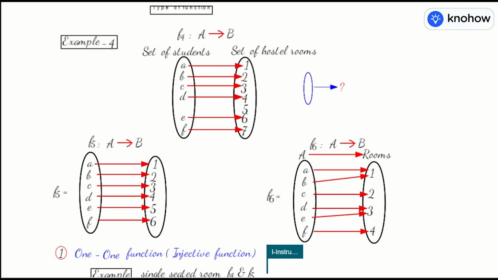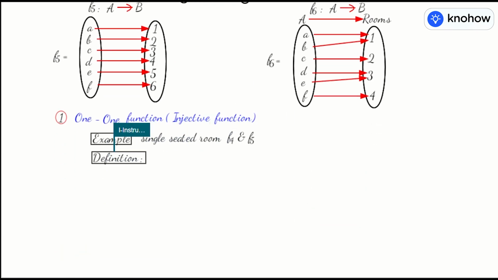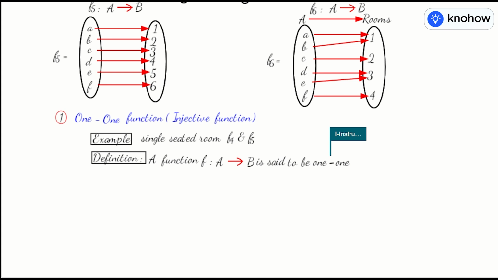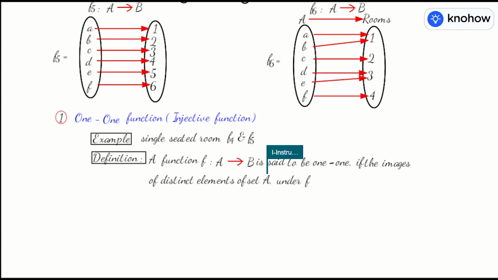How do you define it? Let us define. Please note down the definition. A function f such that A to B is said to be one-one or injective if the images of distinct elements of set A under f are distinct.